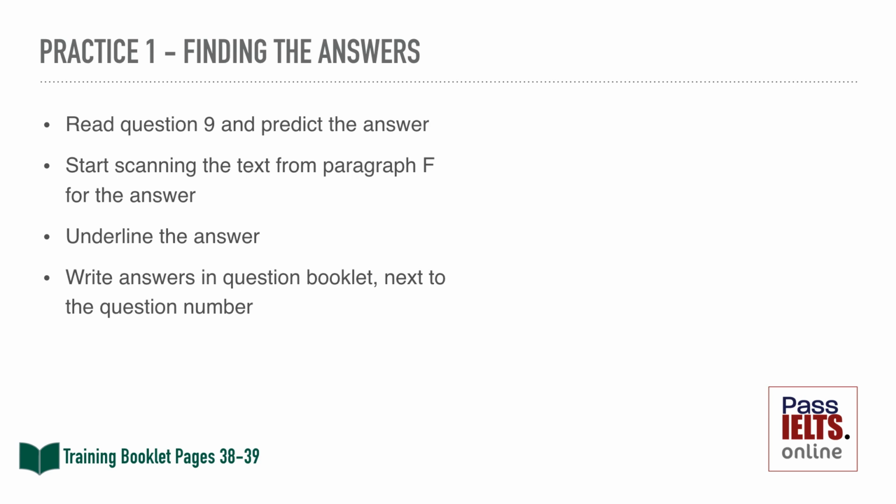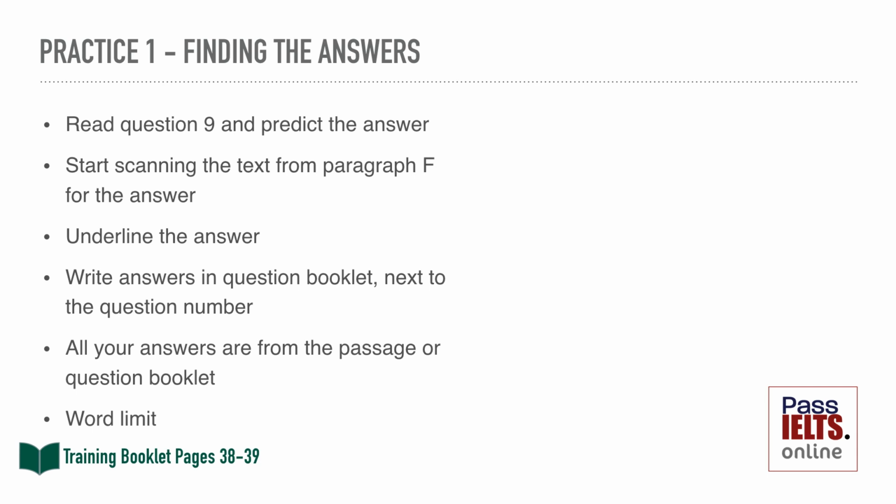Once you've found the answer and underlined it, you can write your answer in the question booklet next to the question number. Don't forget that your answers are from the passage or question booklet. And don't forget the word limit.